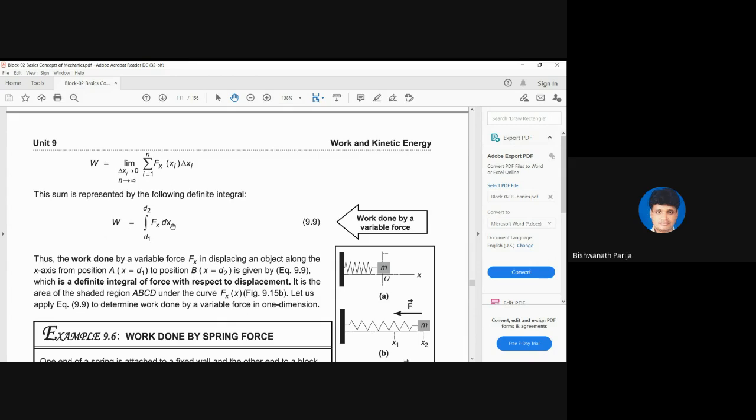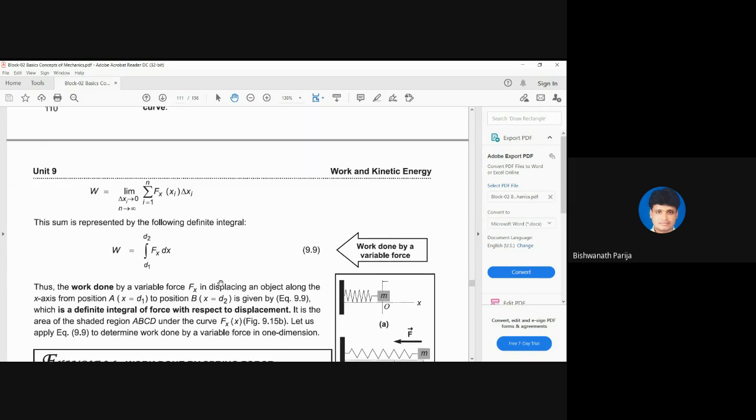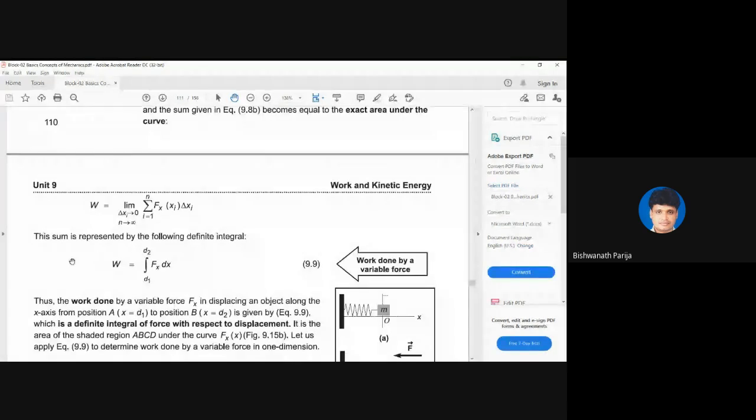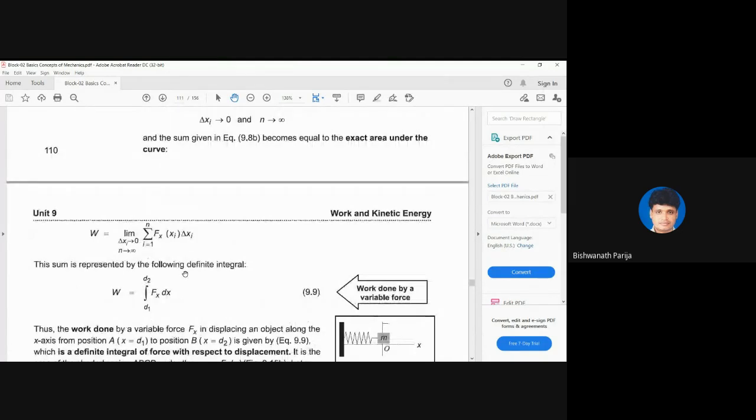Another important point: if you have the graph of force versus displacement, the area under the graph gives the work done. Everyone clear? How to get the work done by a variable force? Only the integration method: integral of F dx from d1 to d2. Everyone clear? Yes, sir.